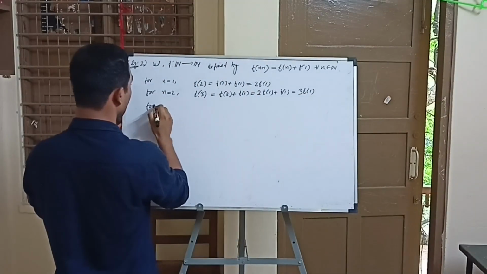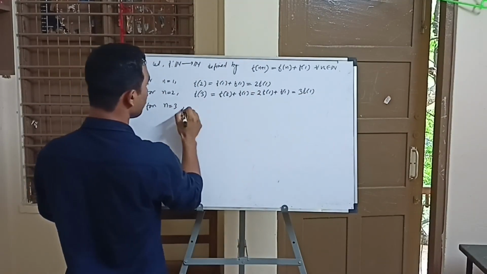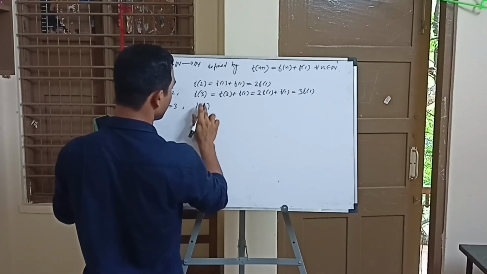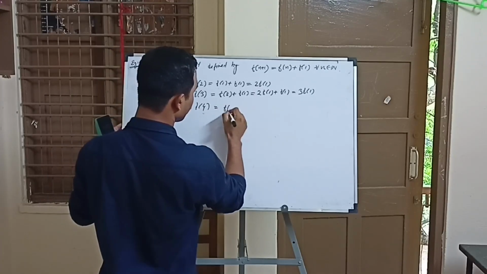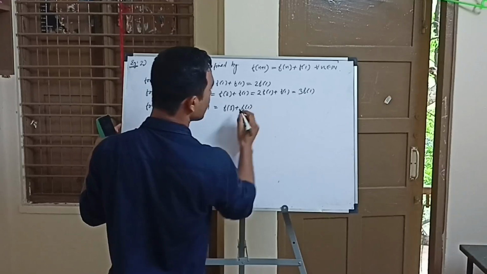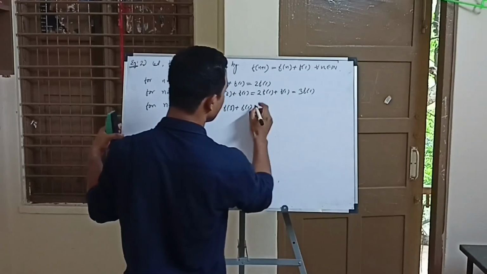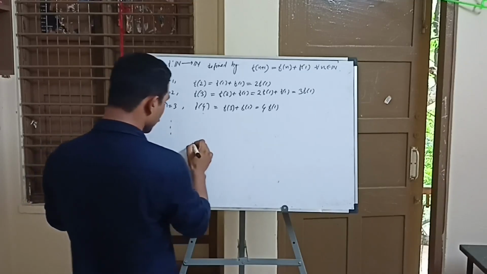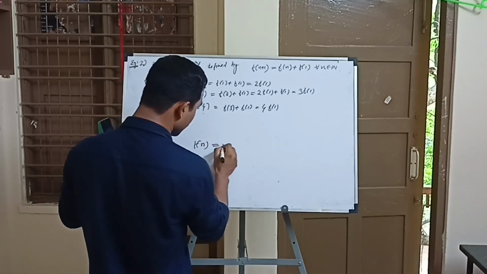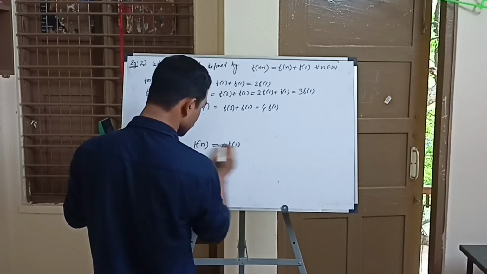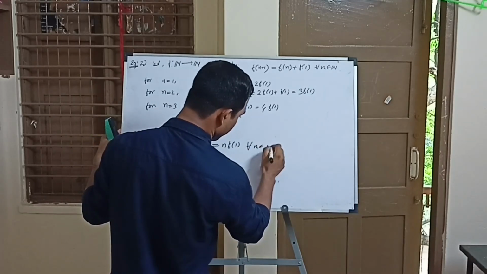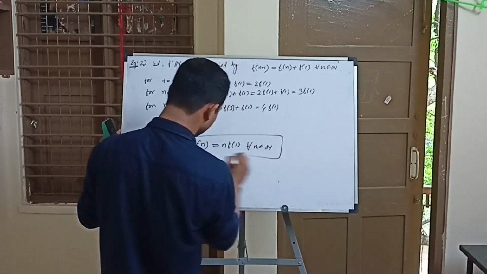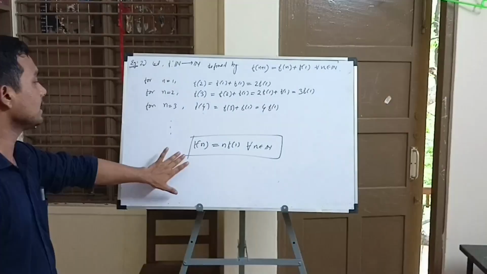Similarly, for n equal to 3, f of 4 is f of 3 plus f of 1, which is 3 f of 1 plus f of 1, that is 4 f of 1. Proceeding similarly, f of n equals n times f of 1 for all n belonging to N. We find a relation.